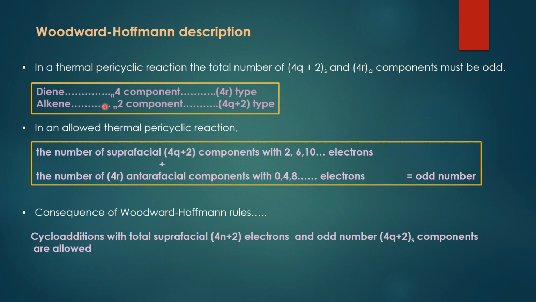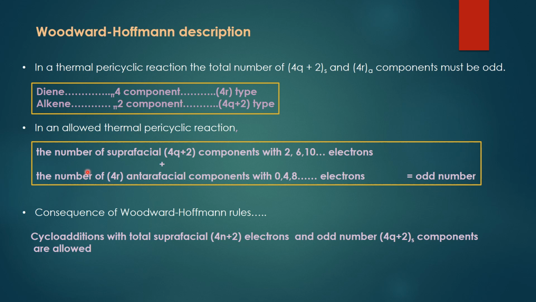So what is said by Woodward and Hoffmann by this rule is that for a thermal pericyclic reaction, the number of 2-pi component systems plus the number of 4-pi component systems must be odd.